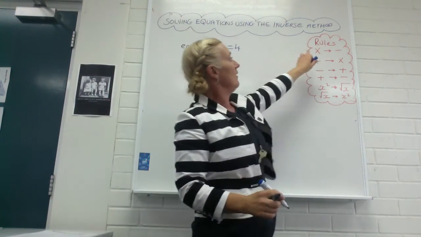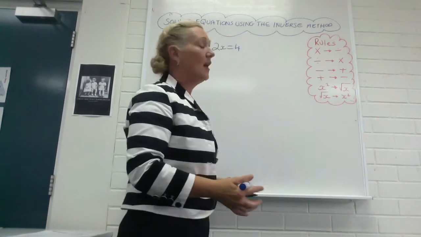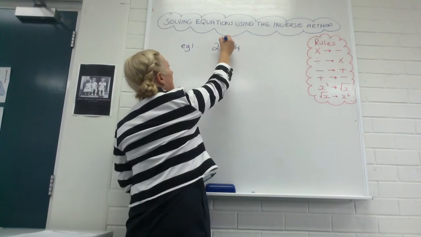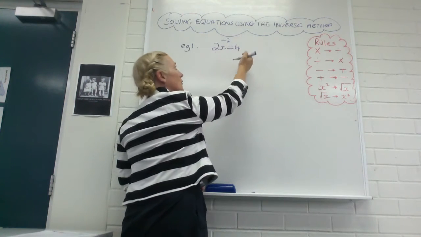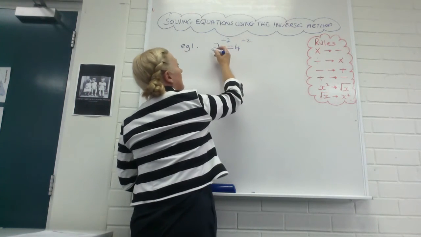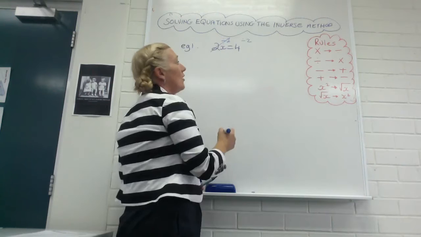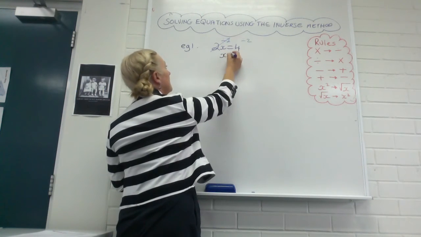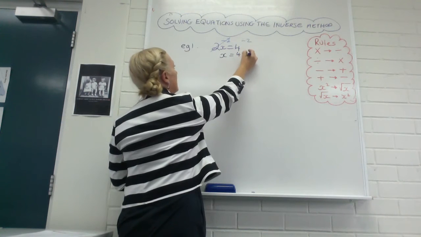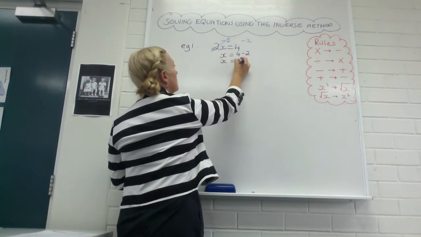So we look to the inverse, which is divide. We want to get rid of the 2, so we divide this side by 2. Whatever we do to the left, we do to the right. Times and divide 2 go off, and we're left with x is equal to 4 divided by 2, x is equal to 2.